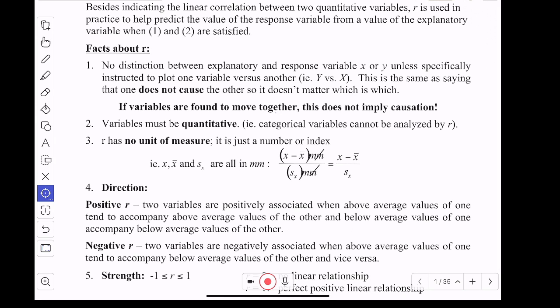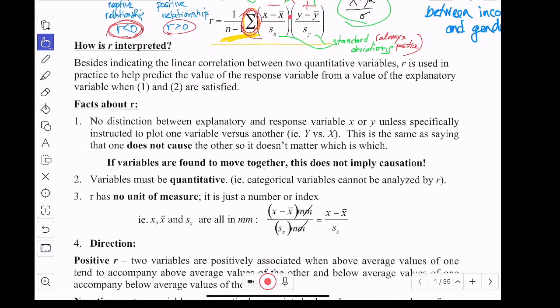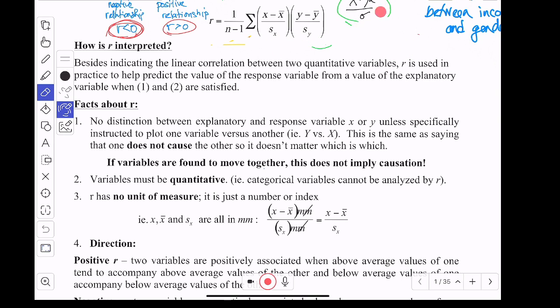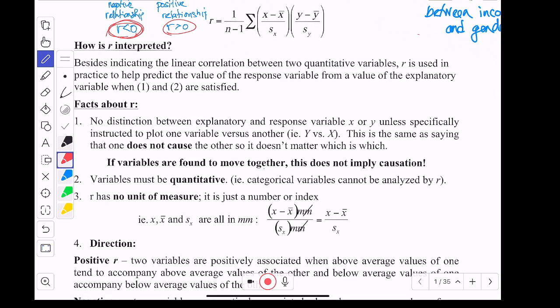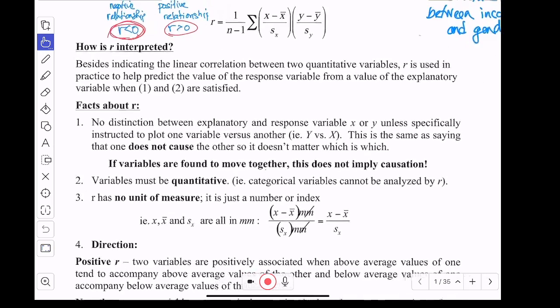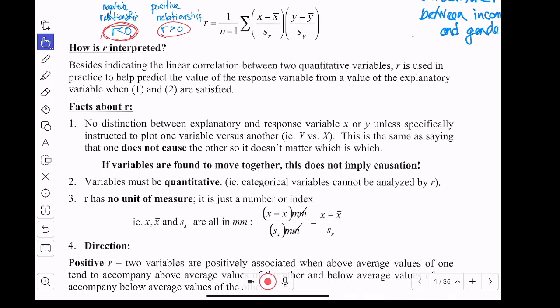In calculating r, let me show you with the formula visible. Clean it up. Notice x is treated the same as y is treated, right? It's standardized.